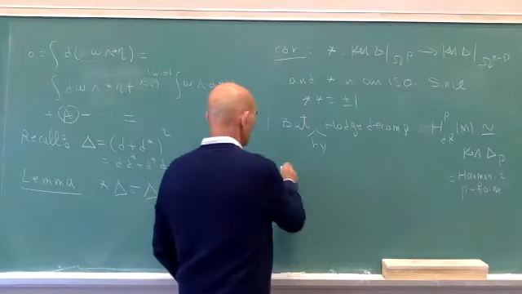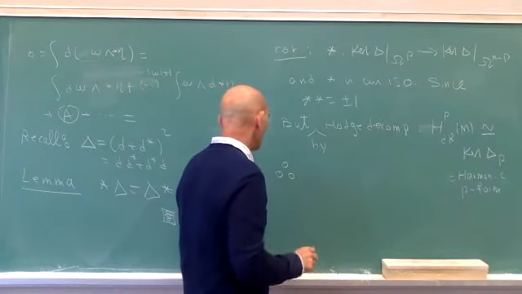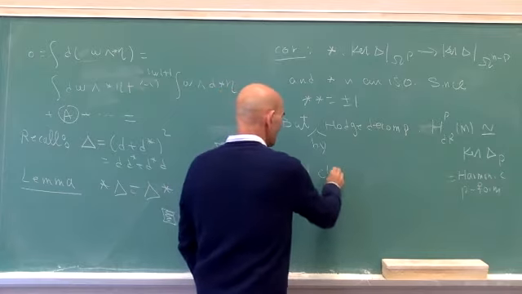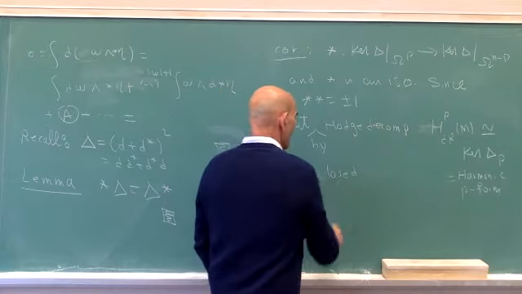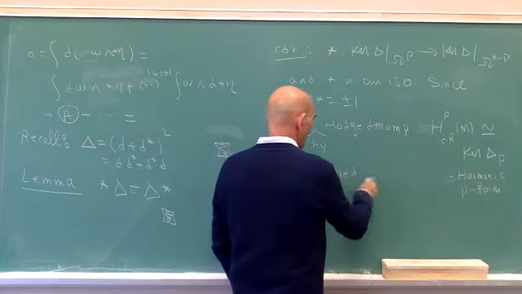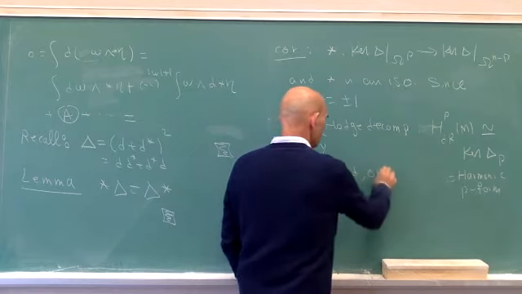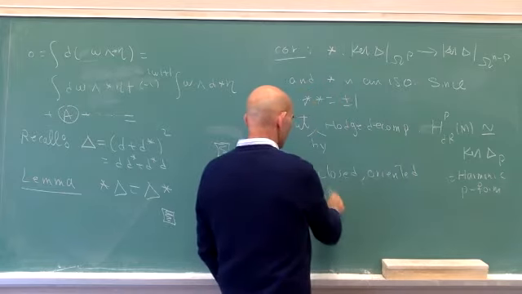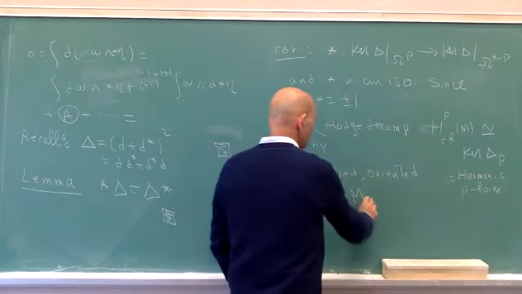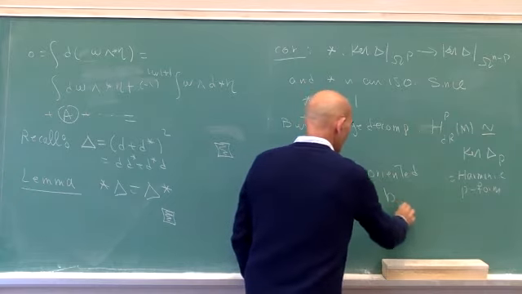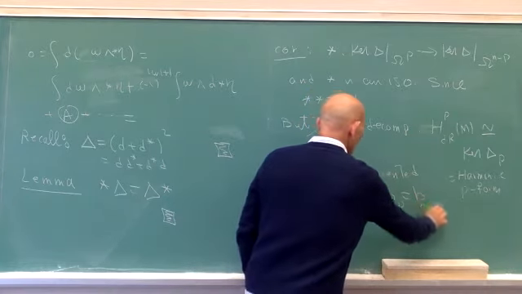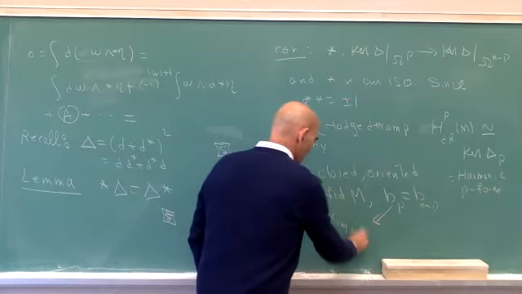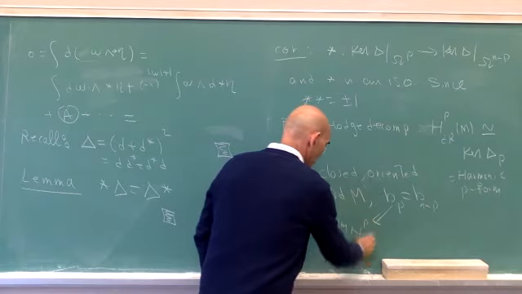So eventually we prove this result that for any closed oriented manifold M, b_p is equal to b_{n minus p}, where b_p is the dimension of H^p de Rham.